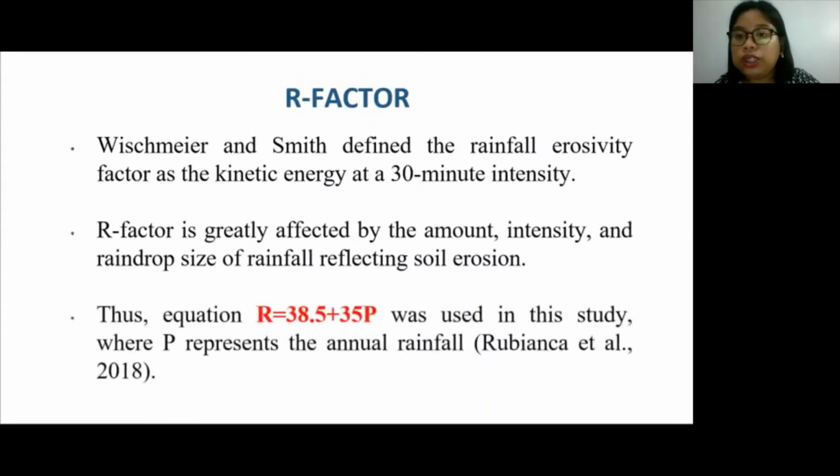Due to the absence of detailed rainfall data, I used this equation in estimating the R factor: R = 38.5 + 35P, wherein P represents the annual rainfall. This equation was used in different tropical countries such as Thailand, Sri Lanka, and the Philippines.